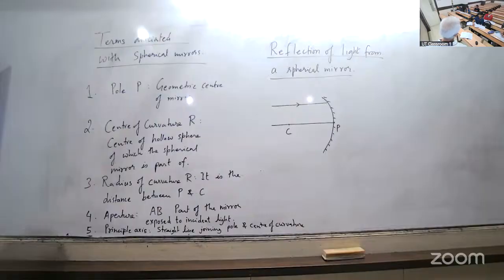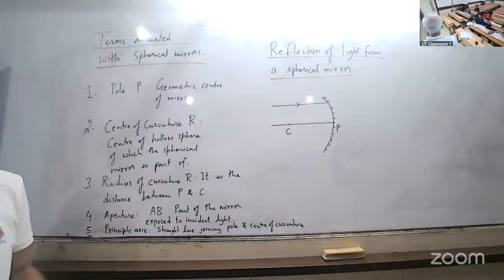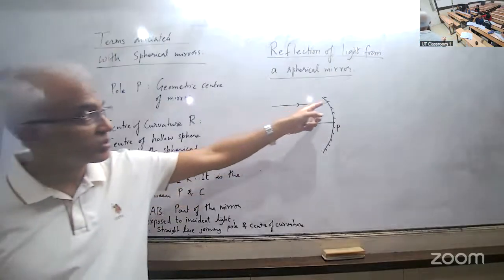Then the reflected ray will be at an angle equal to angle of incidence on the other side of the normal. Incident ray is given to you. I need a normal because without normal I cannot know what is the angle of incidence. So what is the normal at this point?